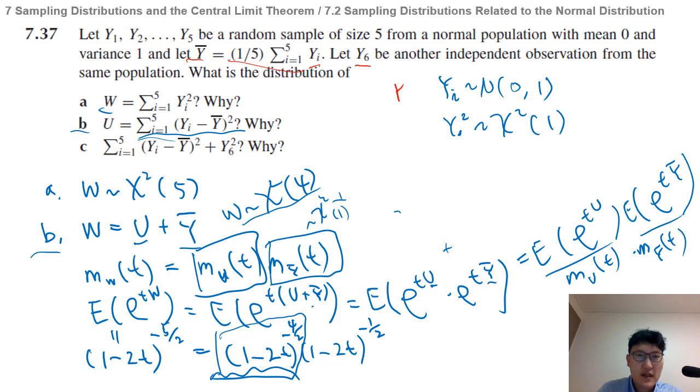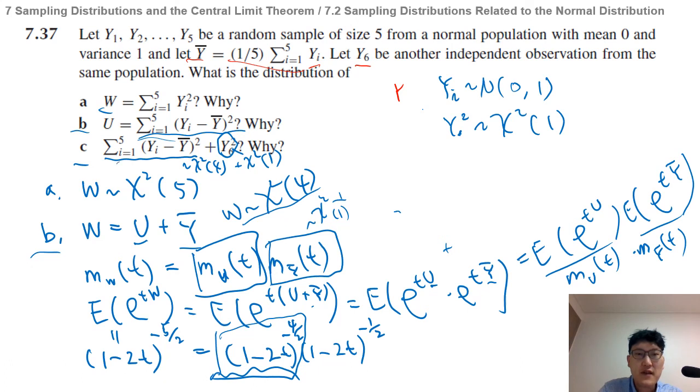And C is easy. For C, you know the first term follows a chi-square distribution with degrees of freedom 4, and the last term is another independent chi-square distribution with 1 degree of freedom.